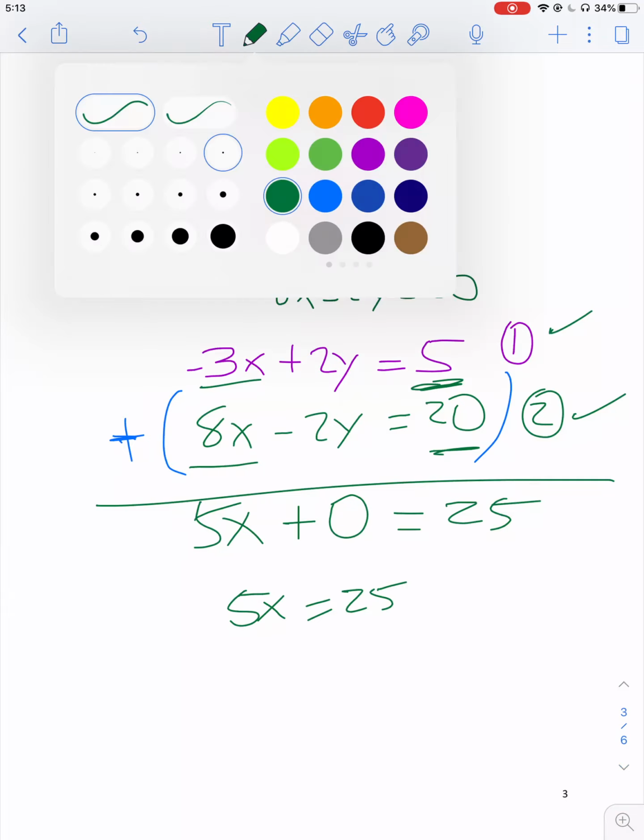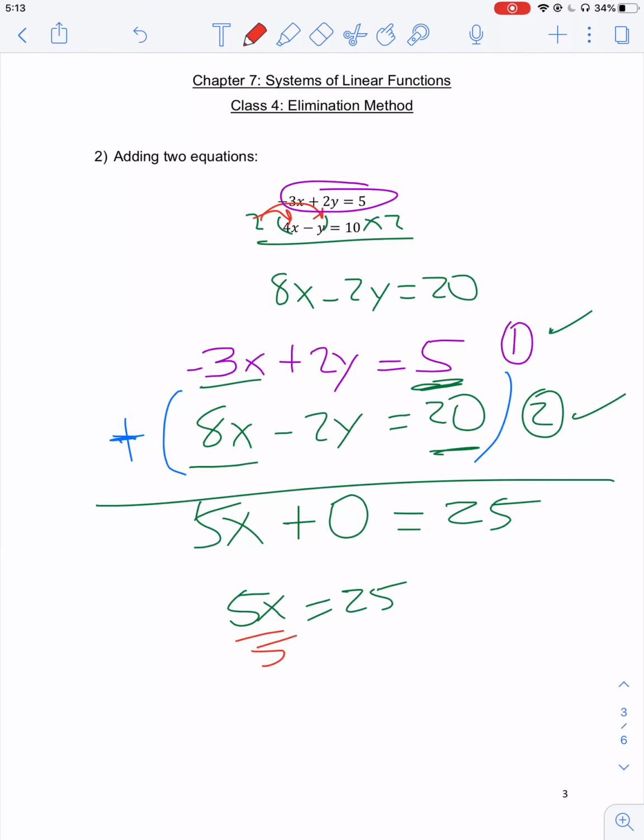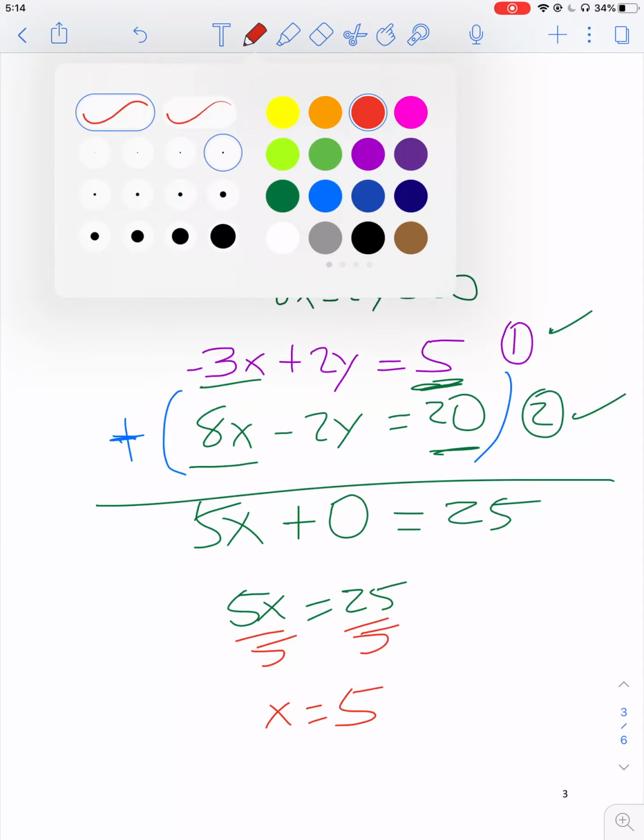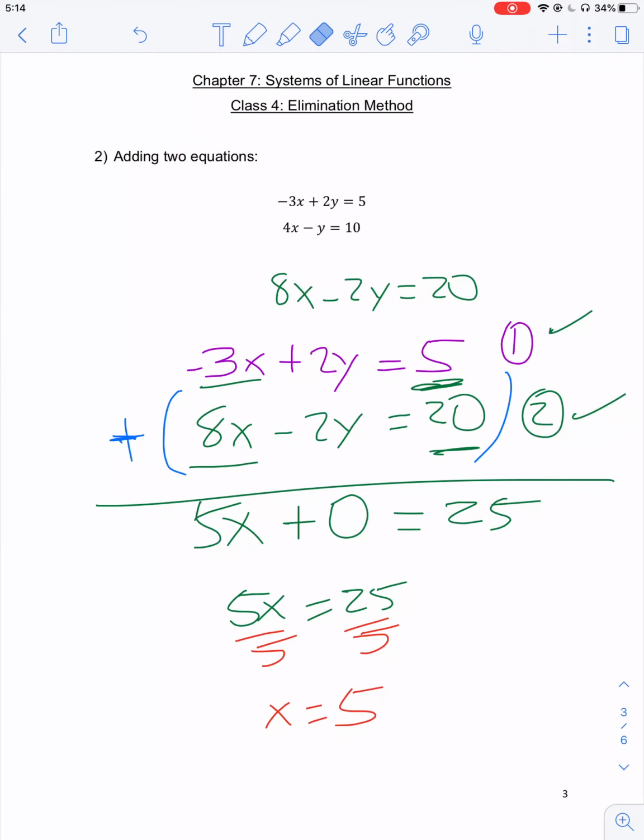So you can easily solve for x. Just divide by 5, divide by 5. So x is going to be 5. Okay, now how do you solve for y? Just use either one of the two equations, either this one or this one, solve for y. Okay, it's easier to solve for y in this case because all I have to do is just move the y over to the other side, or if you want, just do plus y plus y.